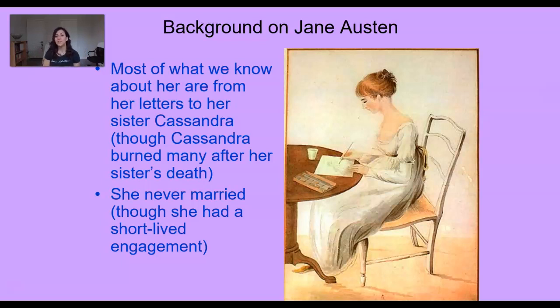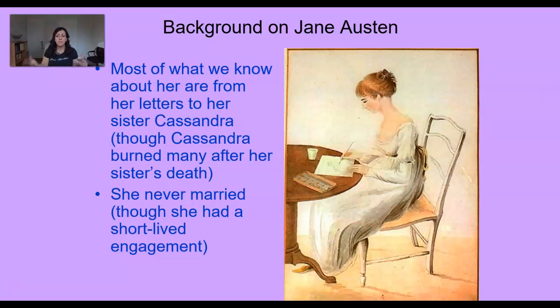So a lot of Jane Austen fans and scholars are very upset with Cassandra for doing that. It seems like she robbed us of our chance to get to know Jane Austen, the great novelist. We were dying to know about her personal life, but unfortunately, Cassandra Austen felt like she wanted to protect Jane Austen's reputation.